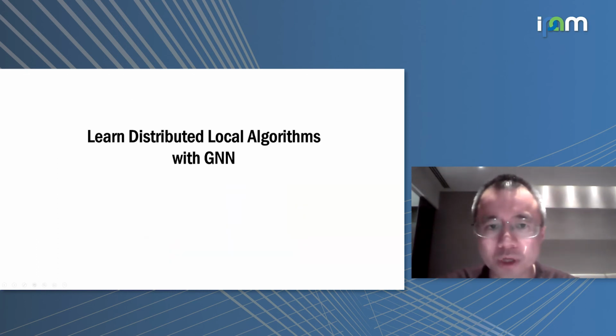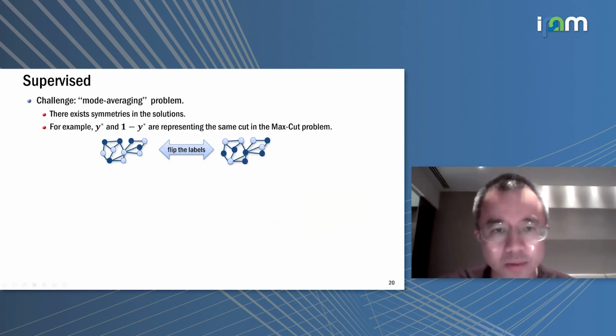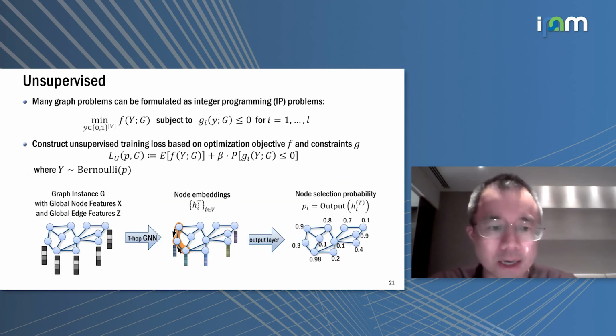In terms of learning, there can be supervised learning, where you take the graph, compute its exact solution, and use that as supervision to train your graph neural nets. I'm not going to go too much into the details of this approach. There are some subtleties. But recently, there's a new technique from NeurIPS, which allows you to train graph neural net-based or deep learning-based algorithms using an unsupervised approach.